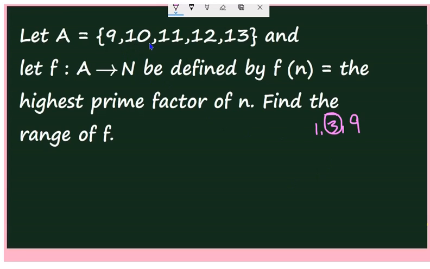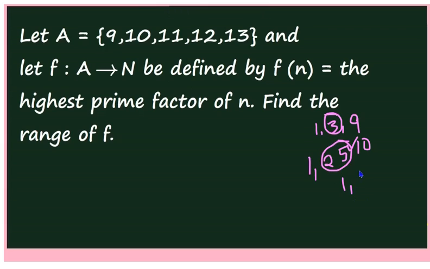And what are the factors of 10? 1, 2, 5, 10. These two are prime factors, and the highest prime factor is 5. Therefore the image of 10 is 5. If you take 11, the factors are 1 and 11, because 11 is a prime number.